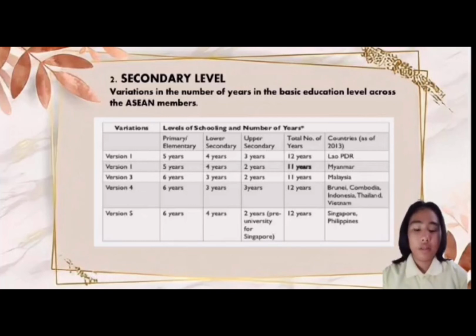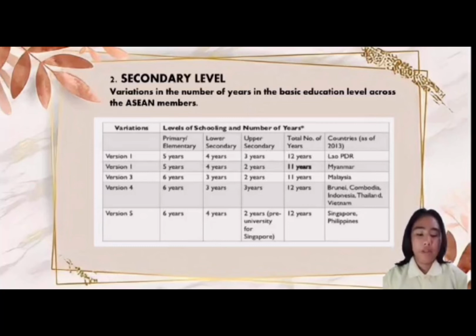Number 2, secondary level follows the primary level. Generally across the ASEAN, it is composed of junior high school and senior high school. The graduate from the senior high school can proceed to college or find a job appropriate to the qualification. However, there are slight variations in some countries, such as lower secondary level is 3 years with grades 7, 8, and 9, while upper secondary level is composed of grades 10, 11, and 12.